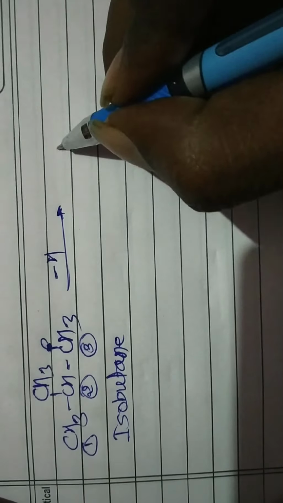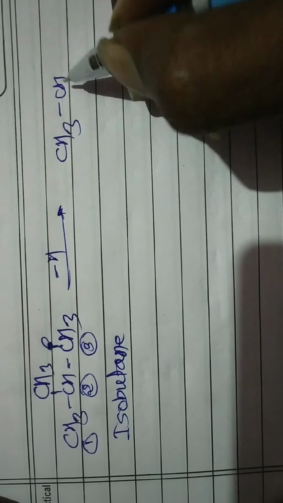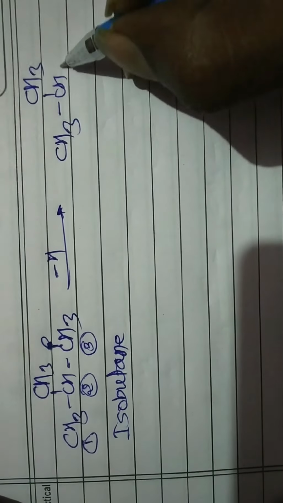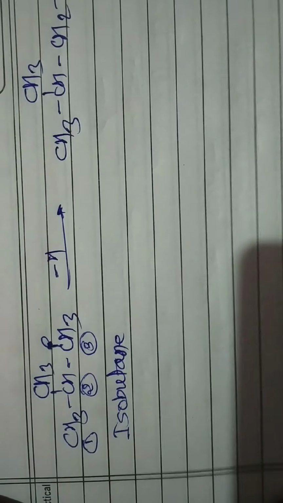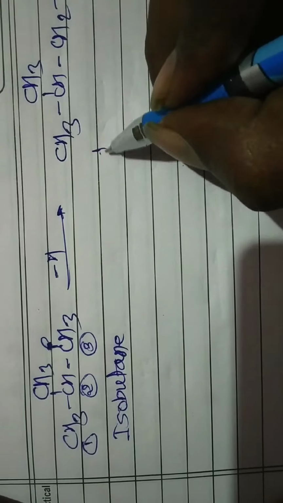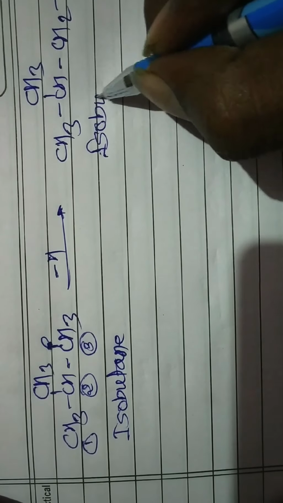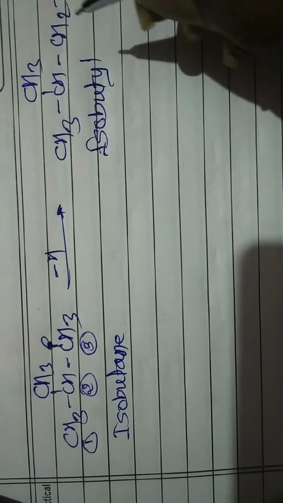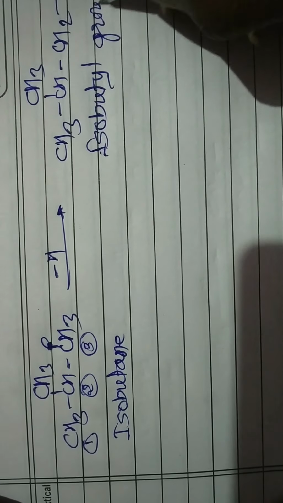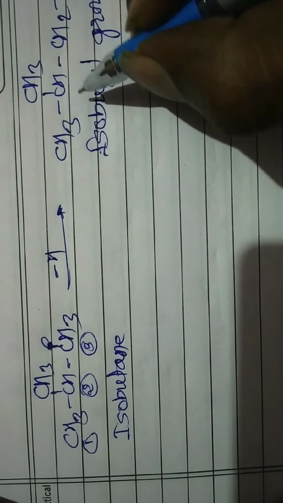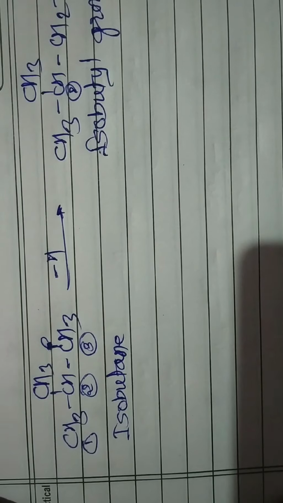is removed, we get the isobutyl group. Why is it called the isobutyl group? Because in the continuous carbon chain, the methyl group is present on the second carbon atom.